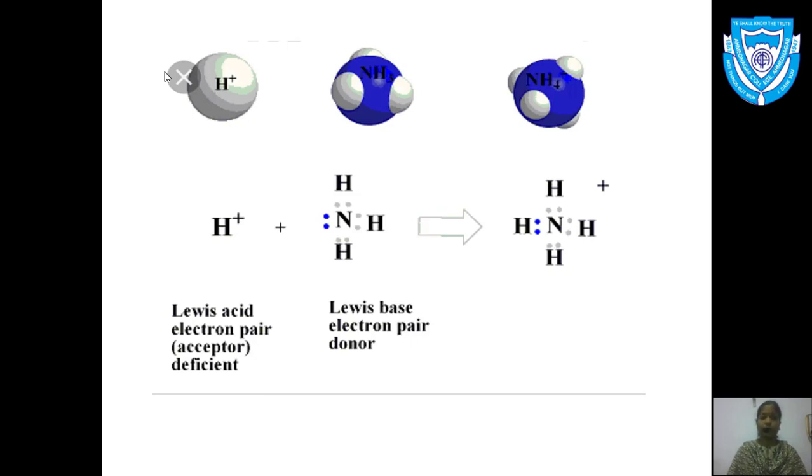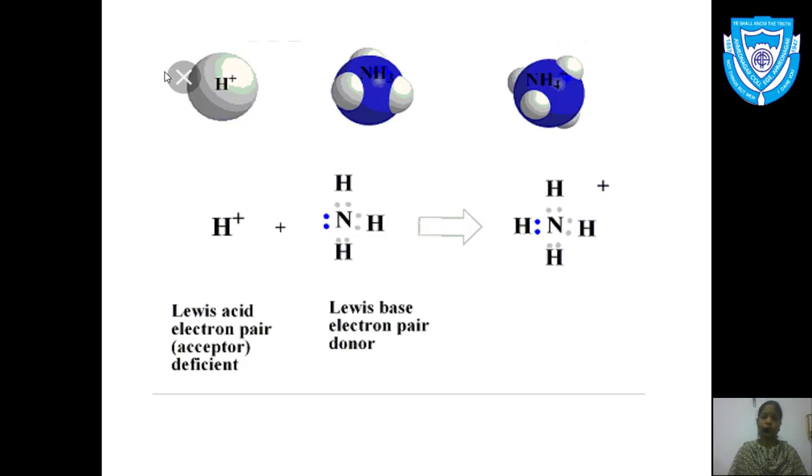H+ acts as a Lewis acid because, having lost its electron, H+ has an empty orbital, and in that orbital electrons are easily accepted. Hence H+ acts as a Lewis acid. Ammonia has a lone pair of electrons, which is not taking part in hybridization or involved in any kind of bonding.